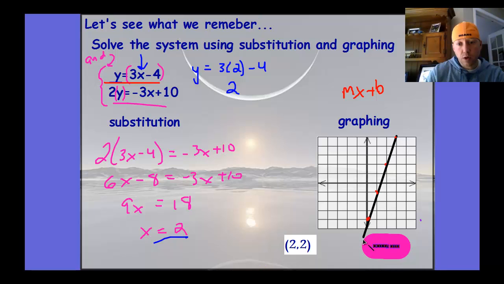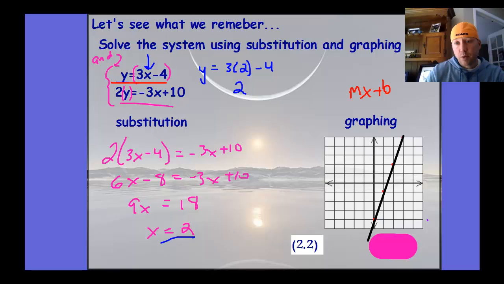So here is that linear equation. We can do the same thing for the second equation here, but we may want to isolate it. So if I divide both sides by 2, I get y is negative 3 halves x plus 5. So now when I graph that, I go up to 5 for the y-intercept, and my rise over run is negative 3, right 2.